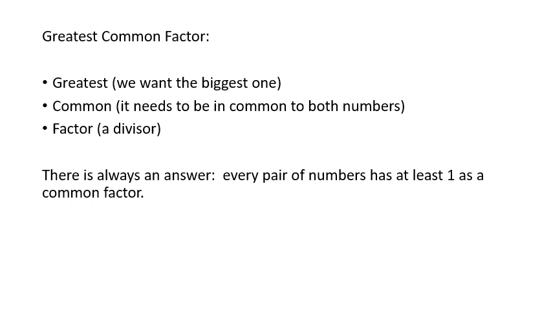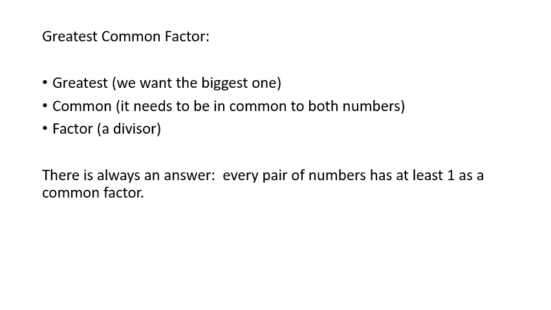Now, I want you to remember there's always an answer. These GCF problems always have an answer. By the way, you'll see these sometimes as GCD, greatest common divisor. A factor and a divisor are the same thing, so a greatest common factor and a greatest common divisor are the same thing. It's just which term you want to use. Anyway, there's always an answer.